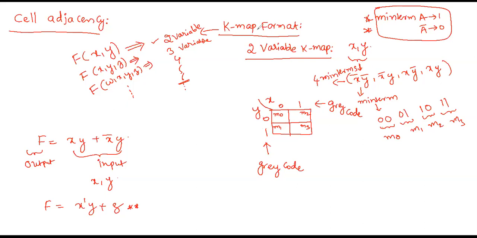In the two variable case, how many combinations do we get? Four combinations, x bar y bar, x bar y, like this. So we have four minterms, and those minterms will be written here like this.